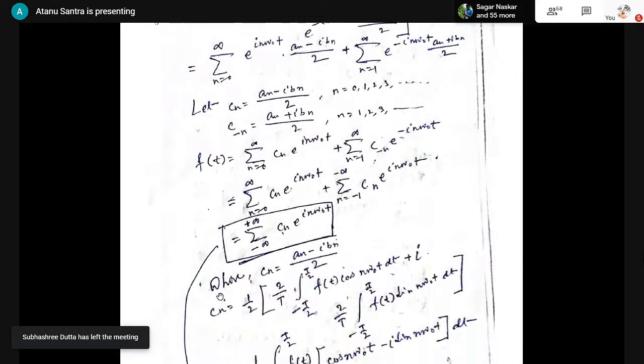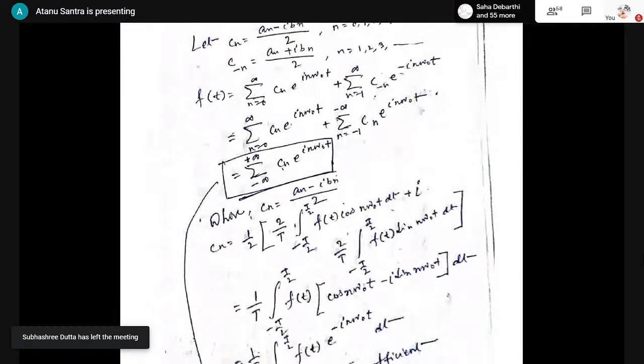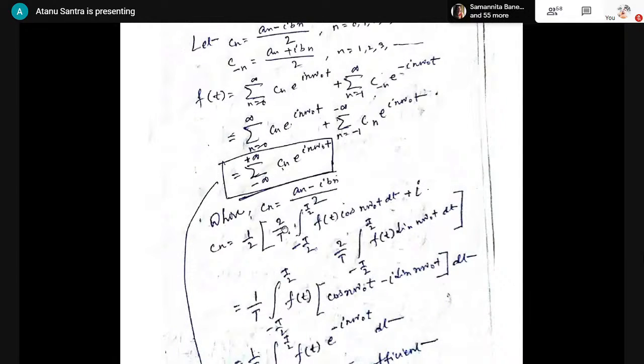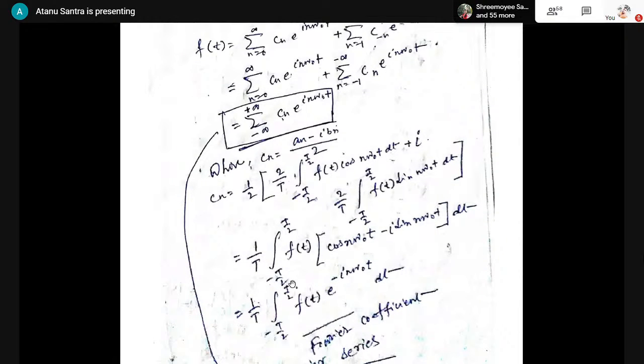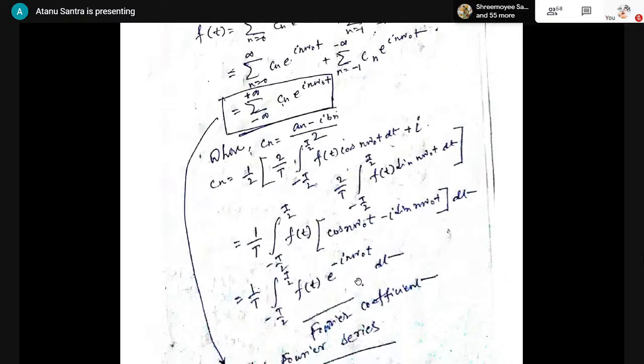And Cn is equal to 1 by 2, 2 by T, from minus T by 2 to plus T by 2, f(t) cosine of this one plus i 2 by T, and this expression, and finally we have got 1 by T, from minus T by 2 to T by 2, f(t) e to the power minus i n omega 0 t dt.